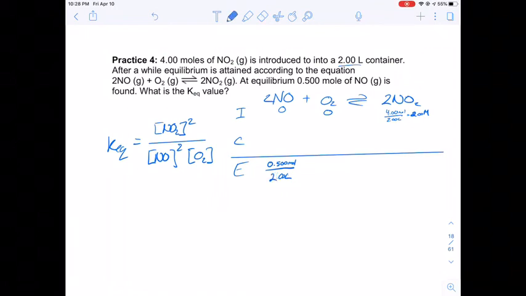So a 2-liter container, that means that we actually only have 0.250 molar NO. All right. So we know that the changes these things must have undergone are based on the given stoichiometry.